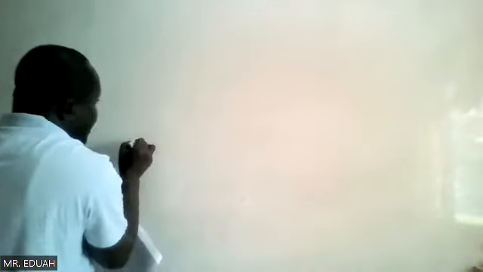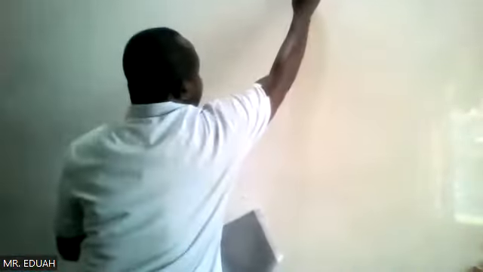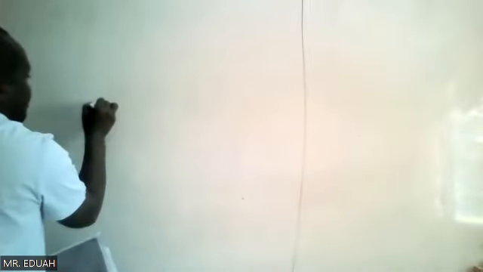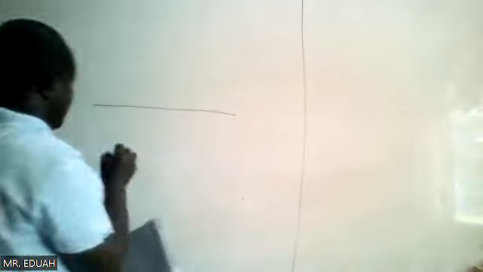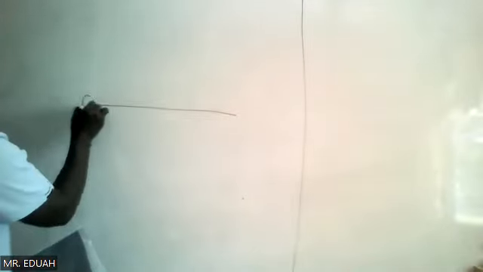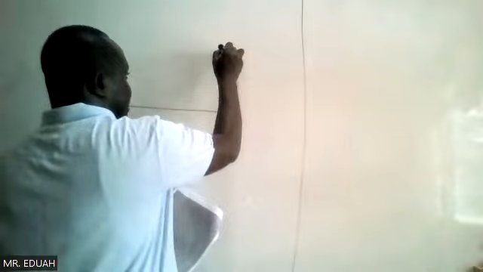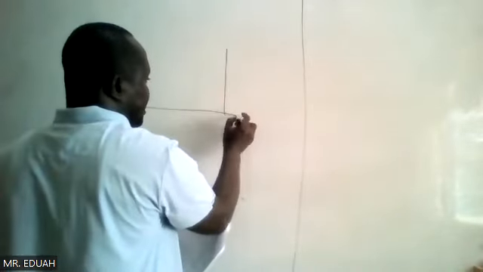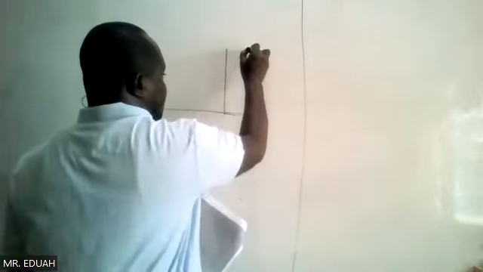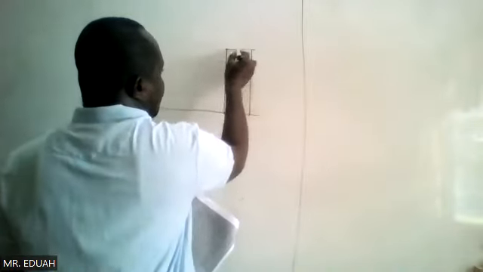So a projectile is fired from the ground. There's a ground level. It is fired here. Now, it lands on top of a building. So this is the building.